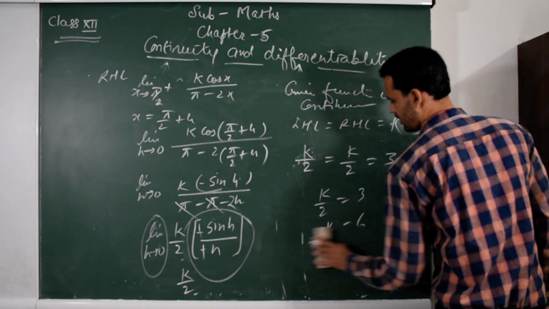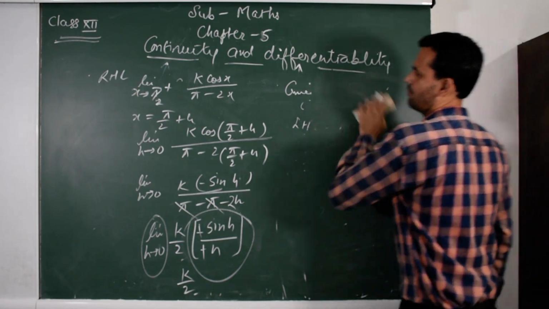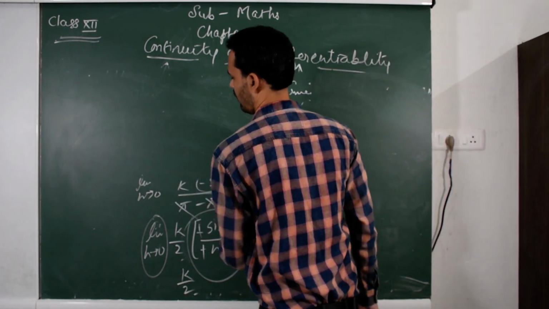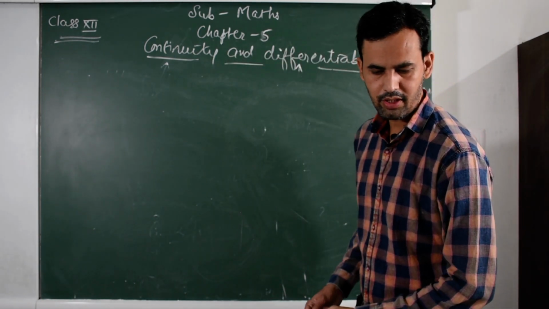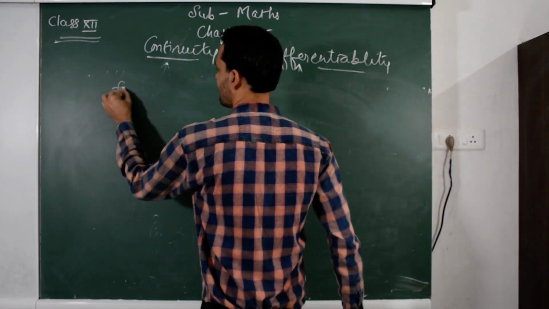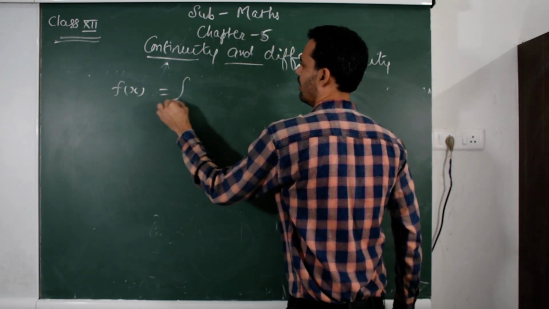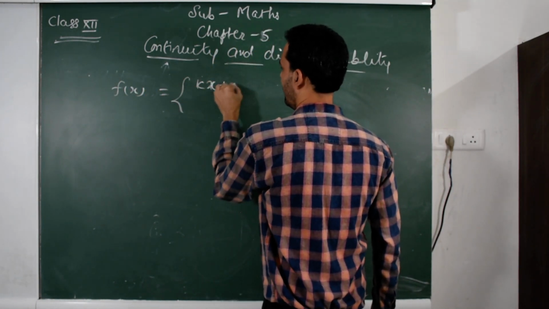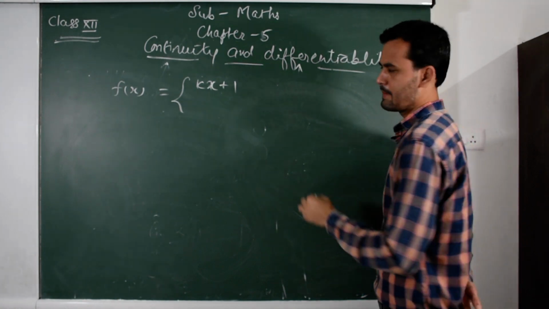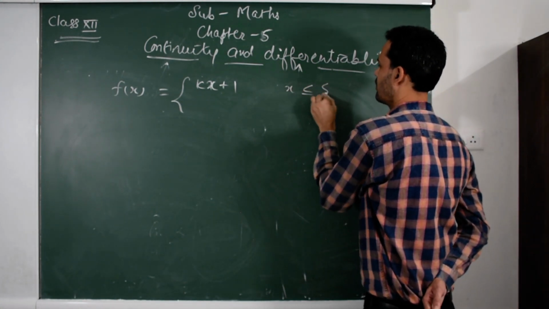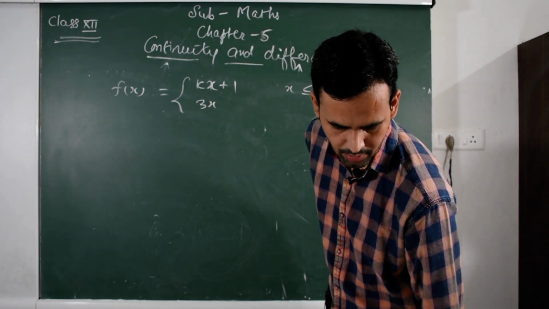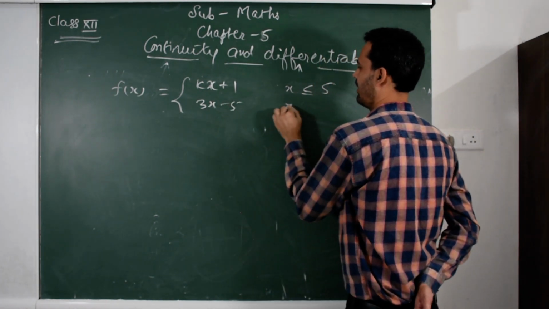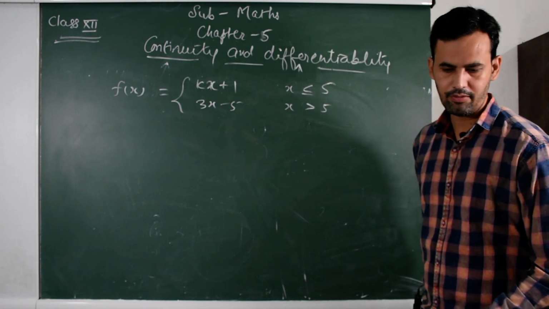Similarly, we solve question number 29. One more question to find the value of k. Question number 29. The function is kx plus 1 for x less than or equal to 5, and 3x minus 5 for x greater than 5.